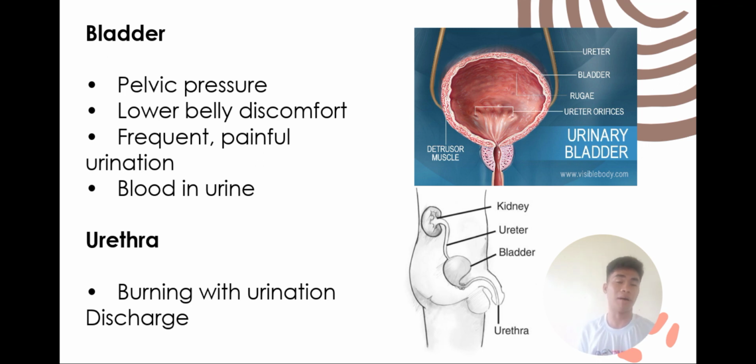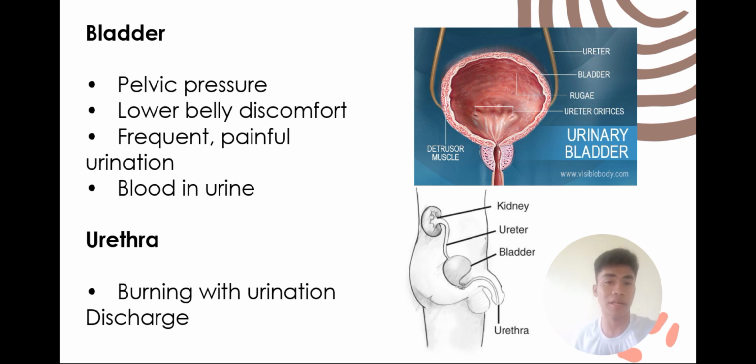So as like atong mentioned ganina, nga one of these symptoms is that kanang mag-red, color red imong urine, which is nag-specify na siya nga naay dugo, naay blood. So next we have the urethra.